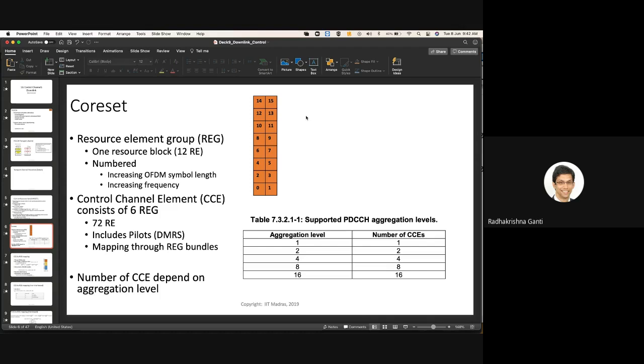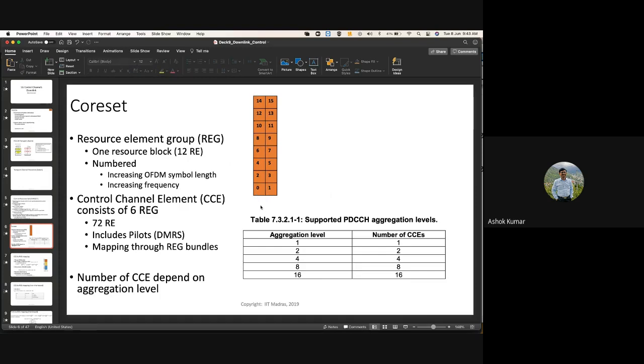Is this clear? And then you have the notion of something called a CCE, control channel element. A CCE consists of 6 REGs. Any question? Yeah, so this 0 means it is 12 resource elements, right? It's like a resource block, one resource block. And those REs, do I have to look at the frequency domain?